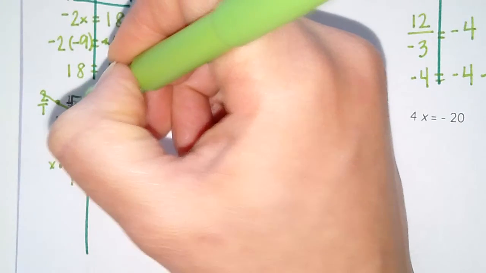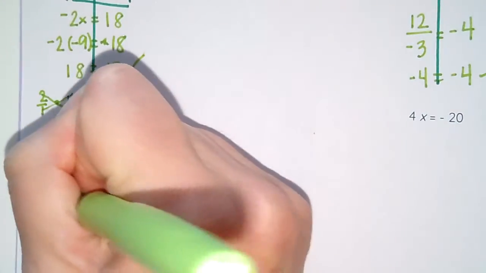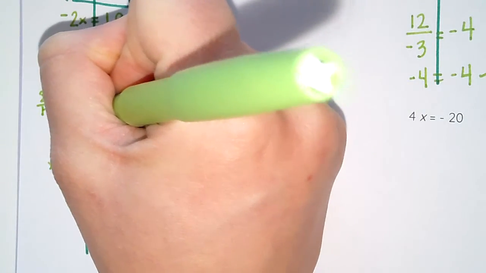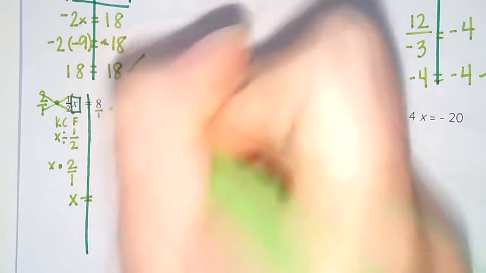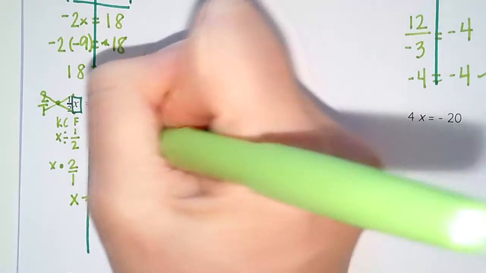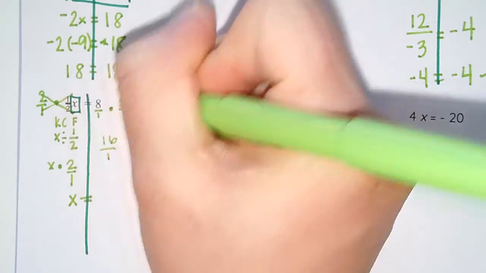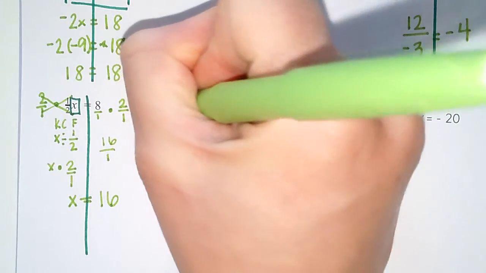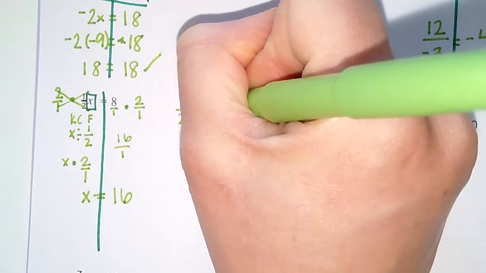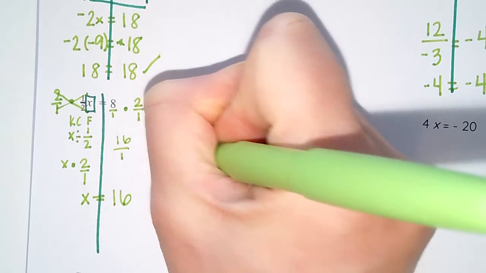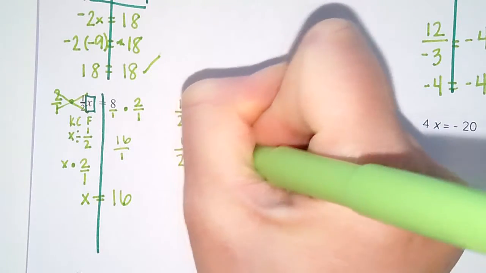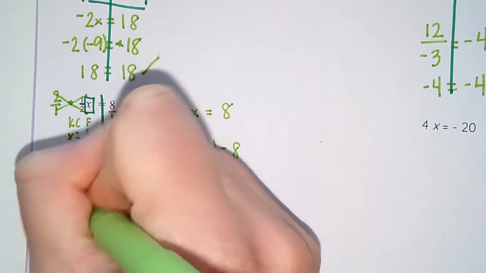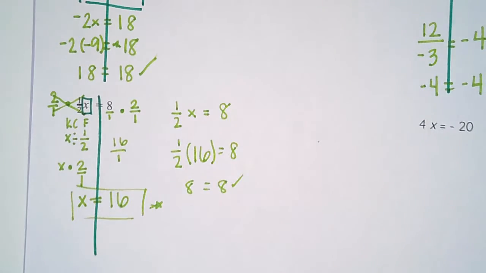Now 2 and 1 cancel each other out. I am now left with my x. I need to do that on this side too. So 8/1. 8 times 2 is 16/1, leaving me with 16 as my solution. Again, I go ahead and insert that in. 1/2 of 16 is in fact 8. So my solution is correct.